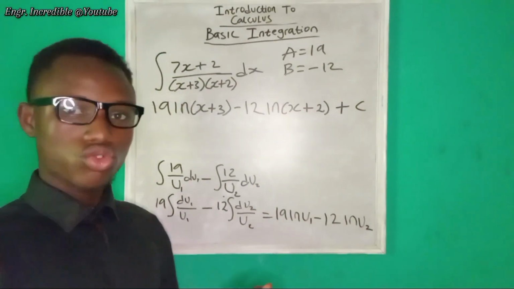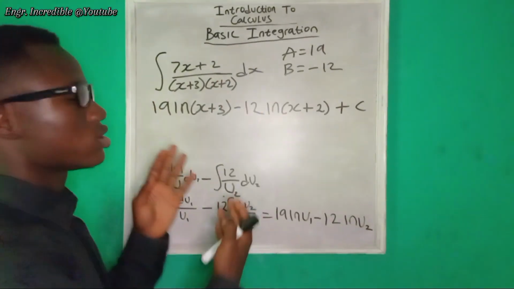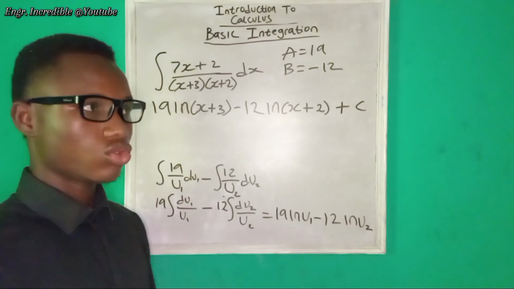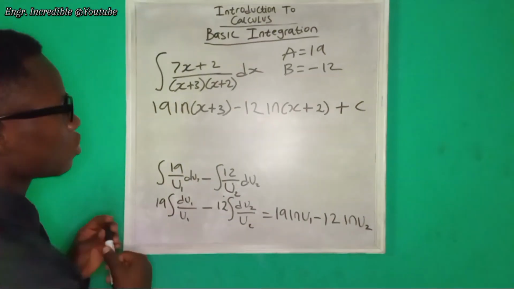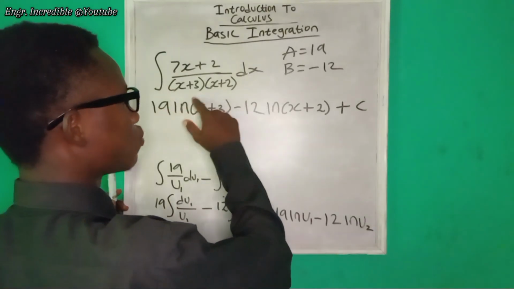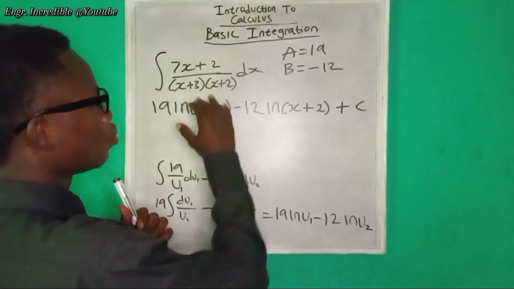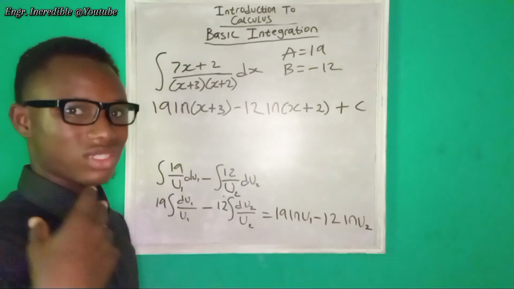So now let us go through a little summary of what we did here. First of all, we solved what was in the box. We used partial fractions to break it down into its different parts. There are questions whereby instead of giving you the roots, they will just give you the whole quadratic equation. You would look for the roots and solve for them before you start using partial fractions.